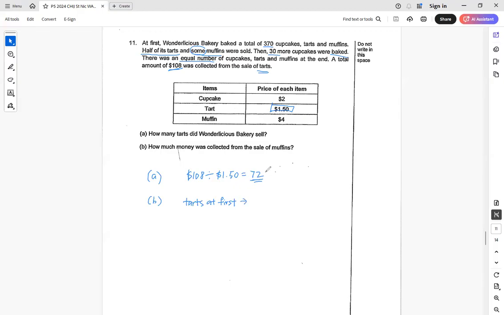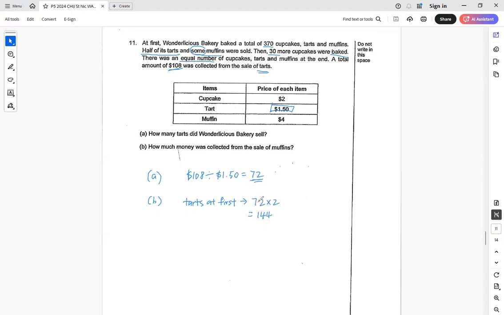Like I repeat, 72 is the tarts that were sold, and since half were sold, the original must be twice of 72. So at first must be 72 times 2. That will give me 144 tarts at first. Okay?